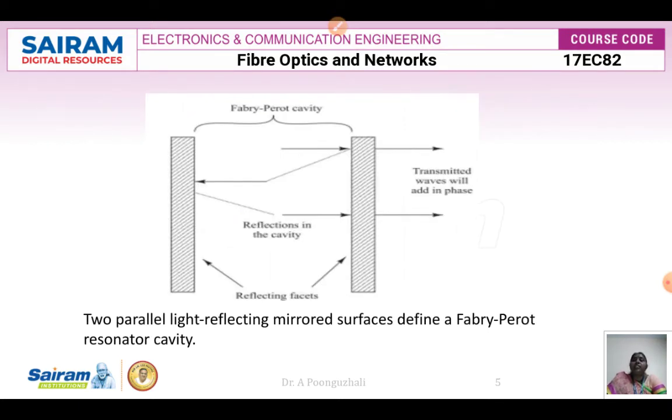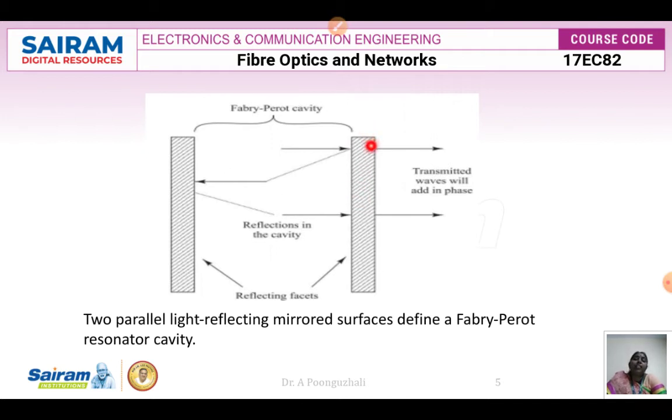A Fabry-Perot resonator cavity consists of two parallel mirrors separated by a distance L, and these two mirrors are called the reflecting facets. When light is incident on this Fabry-Perot cavity, a portion of the light is reflected back, since this is a partially reflecting mirror.